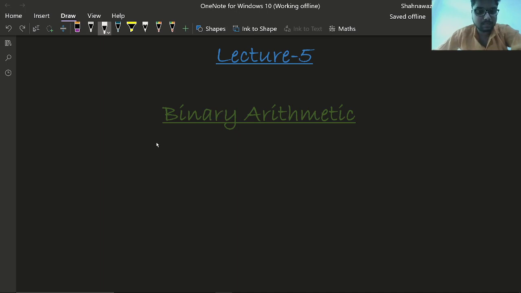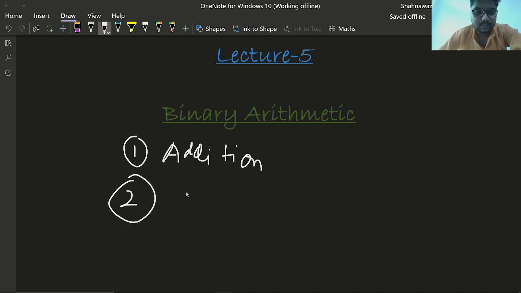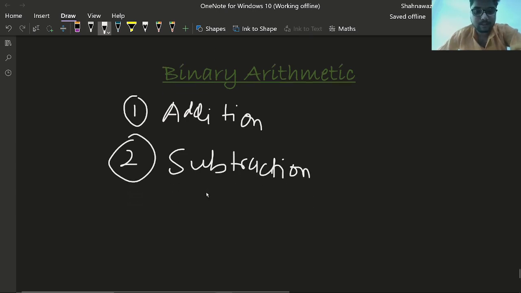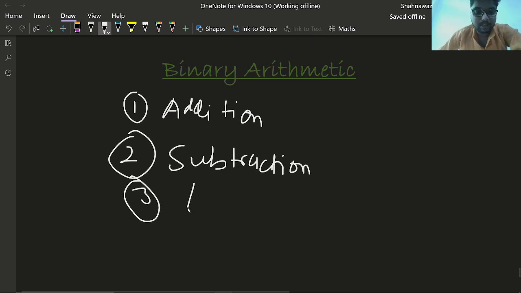What does arithmetic mean? The operations involved in mathematics. First, the very basic operation, addition. Then the second is subtraction. Then multiplication.